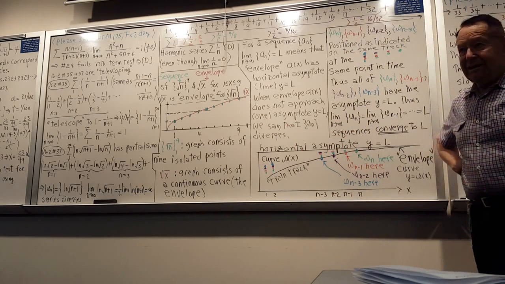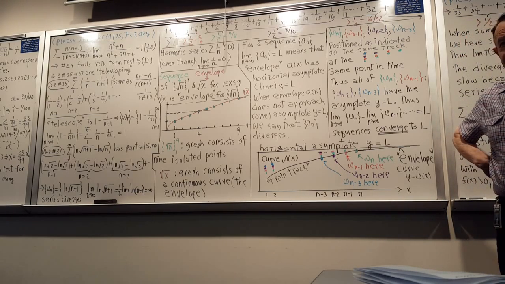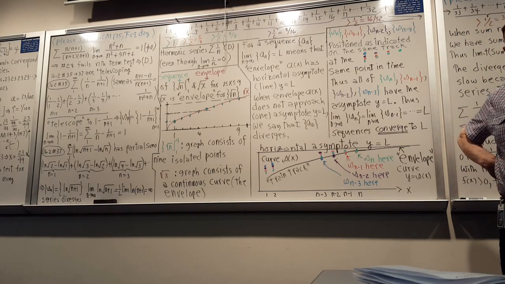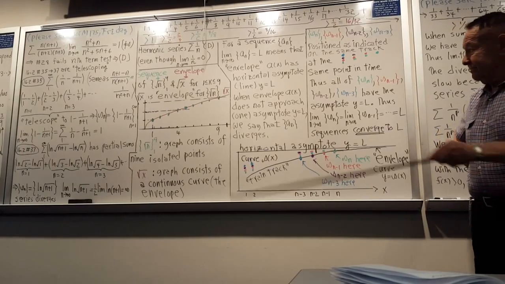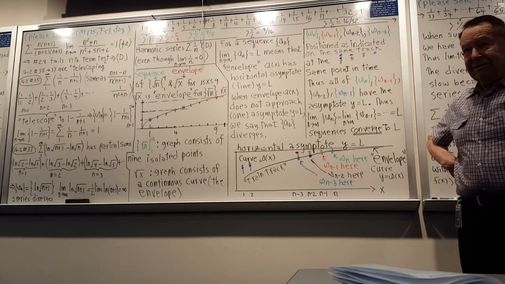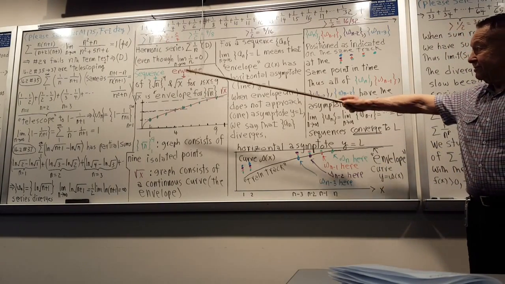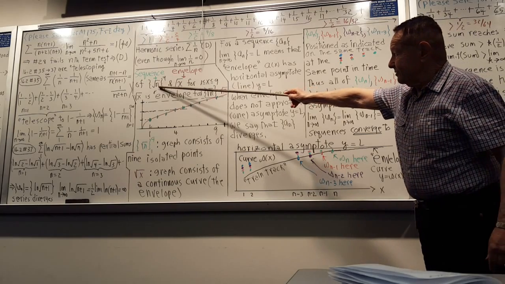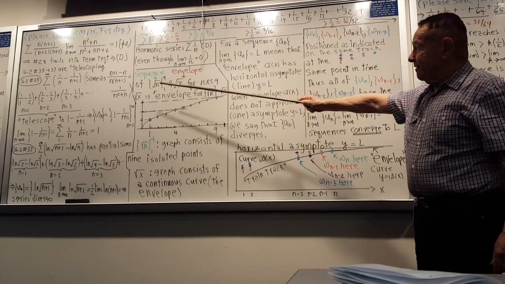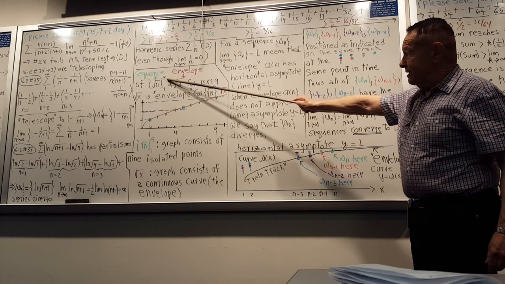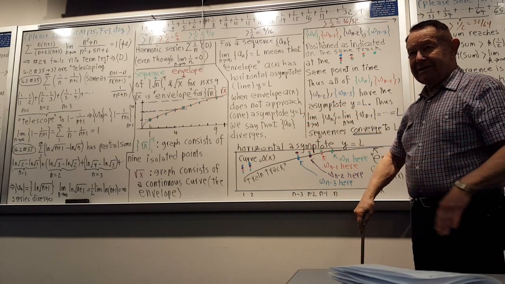So if the envelope curve is one that's always increasing, like square root of x is, then the sequence corresponding to it, square root of n, in the limit as n becomes infinite, would become infinite.